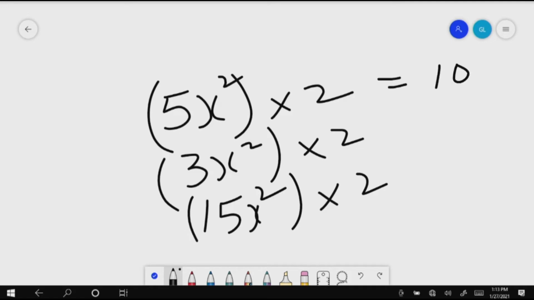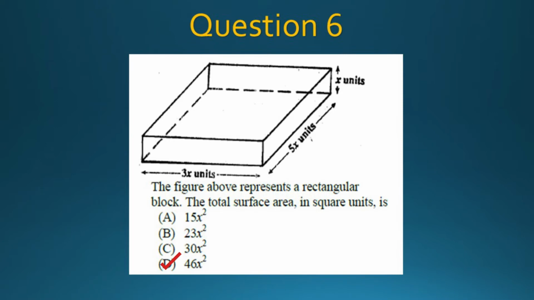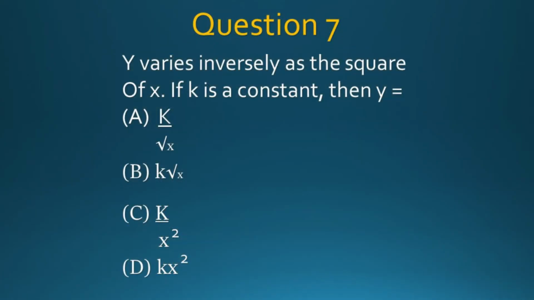This would have given us 10x squared, 6x squared, 30x squared. So our solution is 46x squared, which gives us the total surface area represented in square units for that shape. Variation. And we would have known about the 2 types that exist, inverse and direct variation.